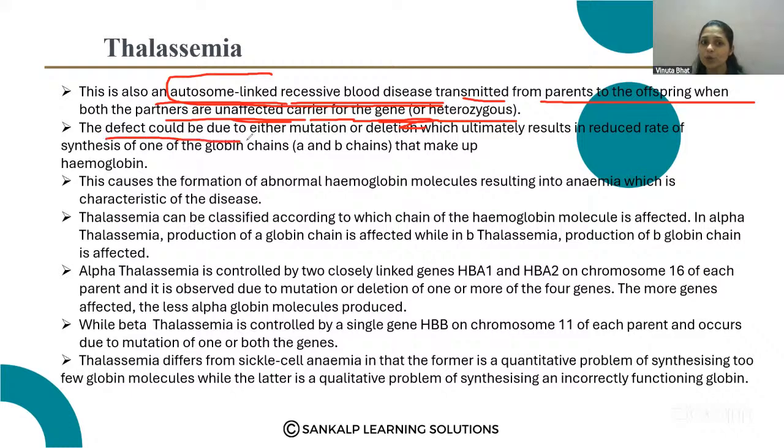The defect could be due to either mutation or deletion, which ultimately results in a reduced rate of synthesis of one of the globin chains. There are two globin chains, alpha and beta, that make up hemoglobin. The reduced synthesis affects hemoglobin formation.